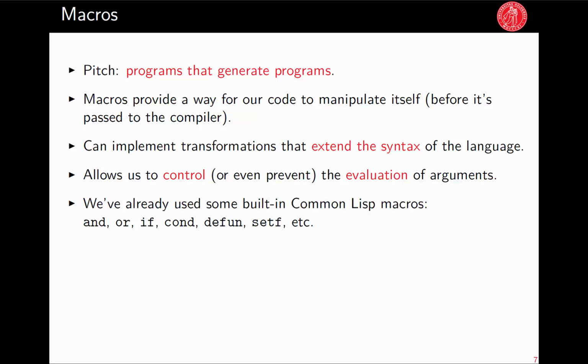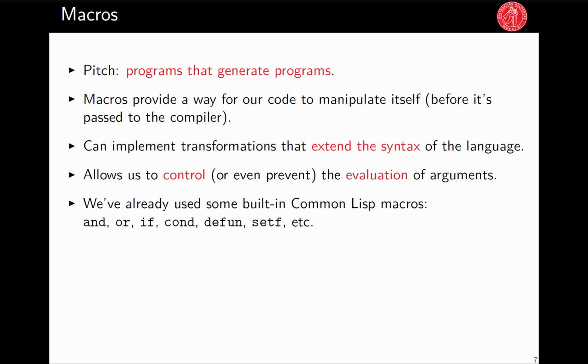And what macros do is they provide a way for us to take the code before it's passed to the compiler and manipulate it and rewrite it. And this basically gives us an easy way to extend the language. Not only extend it with additional function definitions, but extending actually the syntax of the language.